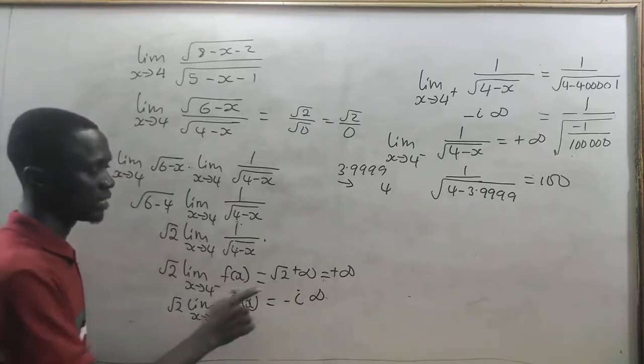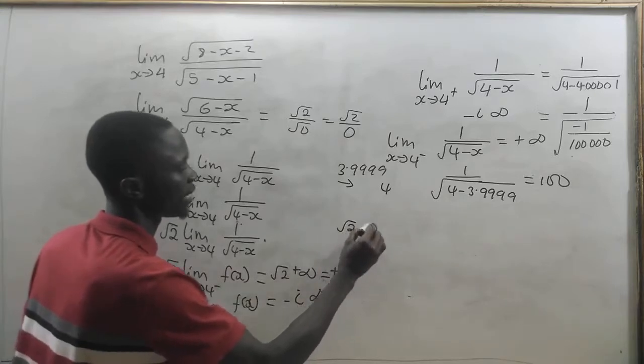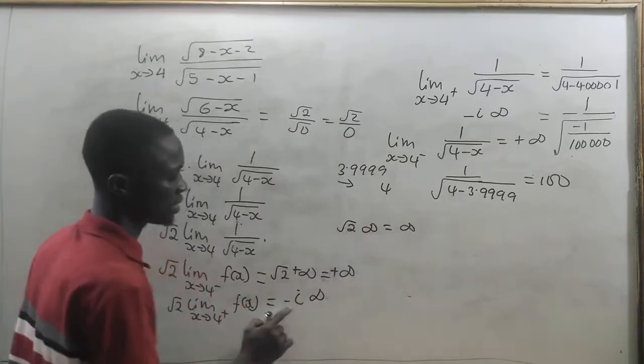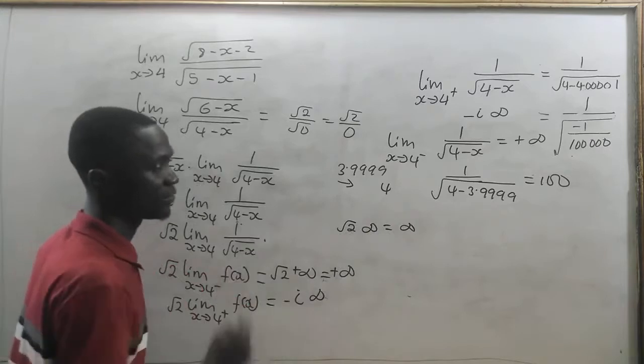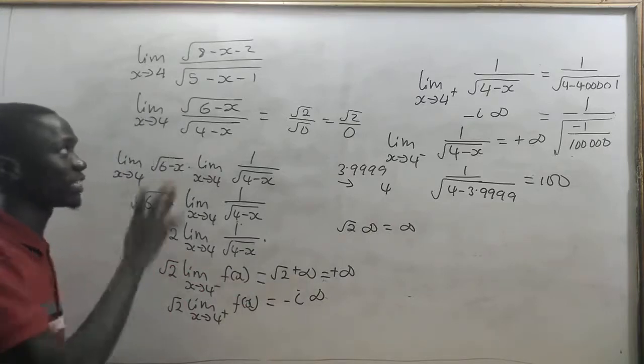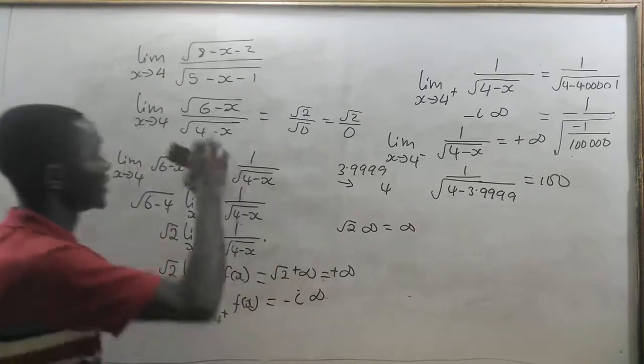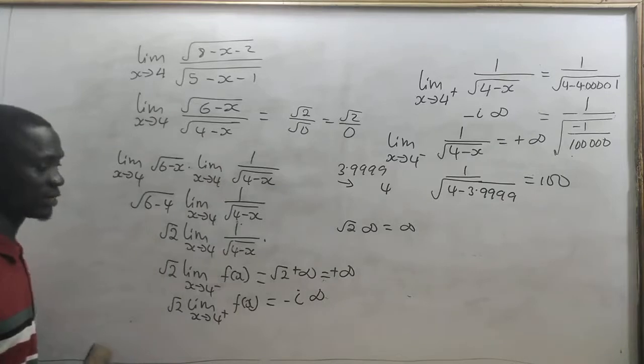Very simple as that. Because if we multiply root 2 by infinity, you will still get infinity. And -i times infinity will be -i times infinity. Very simple as that. So this is also a special case where the square root is giving us complex numbers.